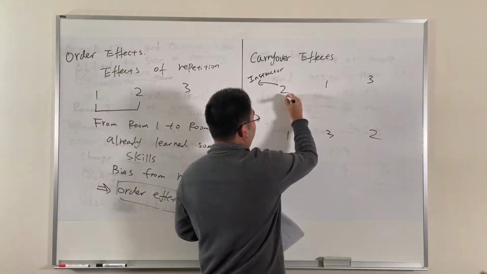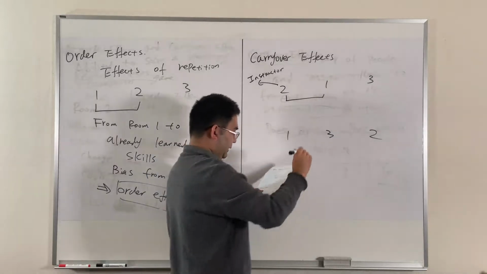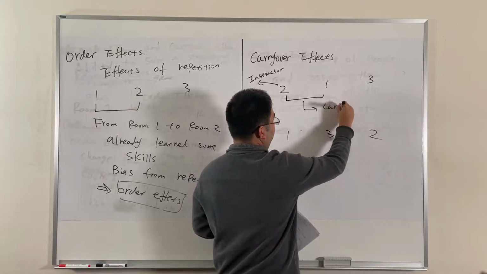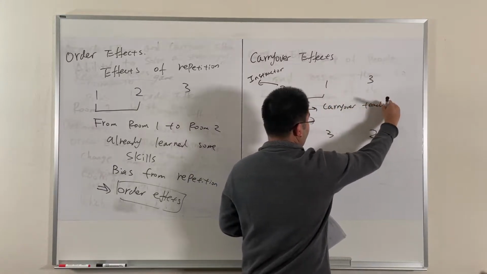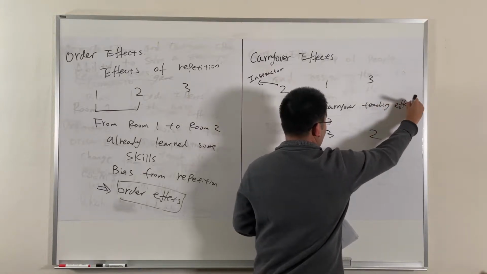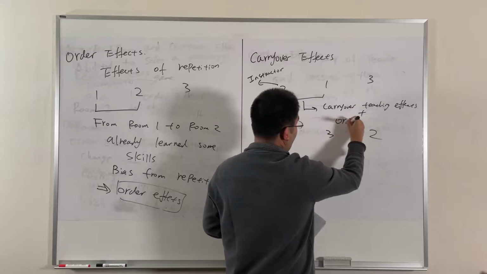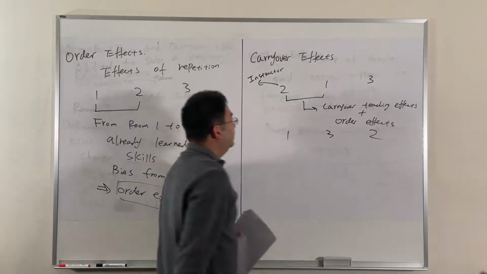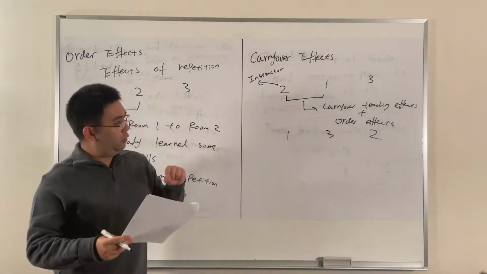So from room 2 to room 1, there's what we call the carryover teaching effects, plus the order effect by repeating the game. Let's compare with this order: 1, 3, 2.